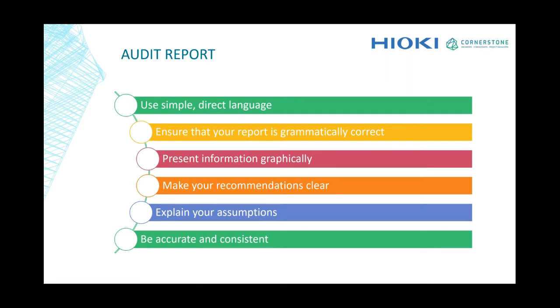Our recommendations are usually very clear, and this is also what is expected of an energy audit report, that the recommendations are very straightforward, crystal clear, with additional documentation or assumptions clearly listed down as well. And in most cases, even if it's a level 1 audit, we try to be as accurate and consistent in the audit report as possible.